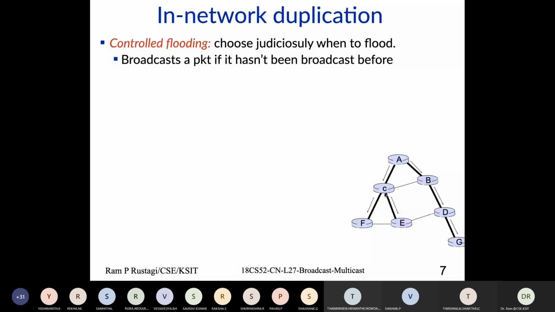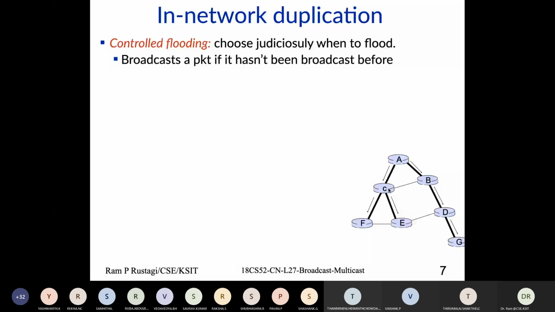So let's say A wants to send a broadcast packet to all of them, B, C, D, E, F, G. A sends the packet to both B and C. C will send to B, E, and F. Similarly, B gets from A and B will send to C. Now C already sent the packet to F and E, so when B forwards the packet to C, C would not forward it. That means a router would forward a packet to other links only once and not every time it receives it.